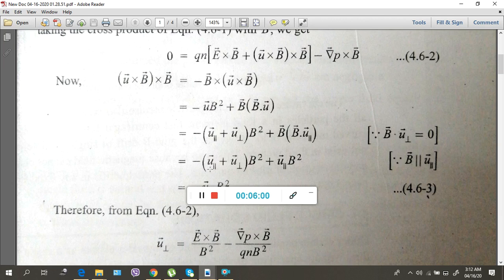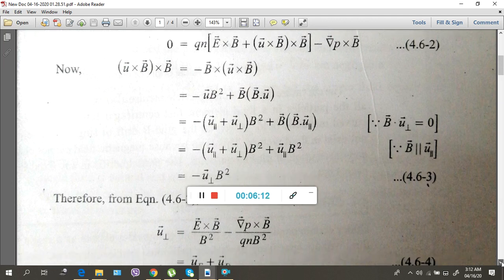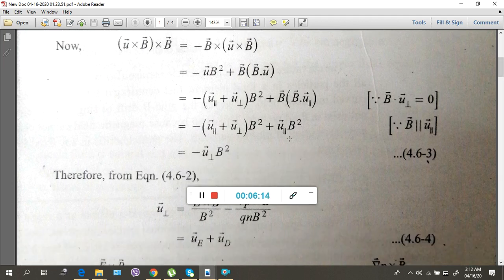So minus u parallel plus u perpendicular times B squared plus u parallel B squared. We can write it as u parallel B squared, because both are parallel to each other. B dot u in this case is equal to B u parallel cos 0, and cos 0 is equal to 1.